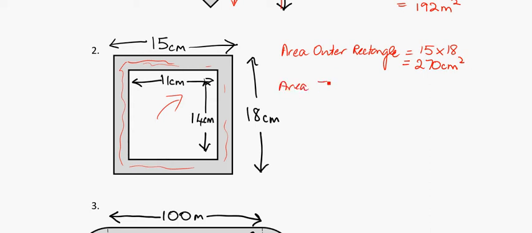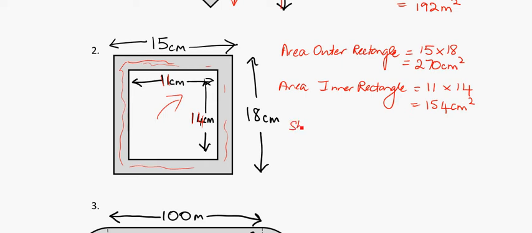Area of inner rectangle, okay, we've got 11 times 14, that comes out to 154 centimeters squared.